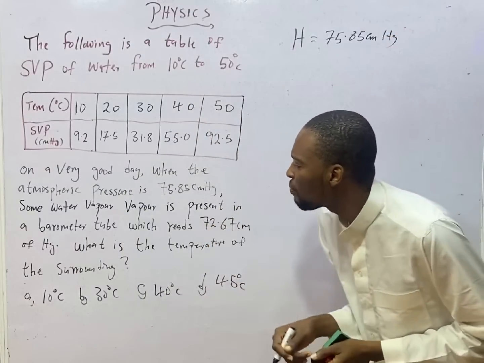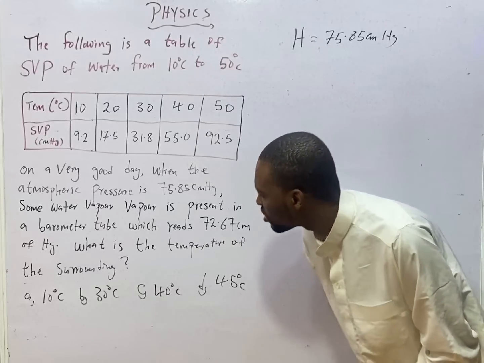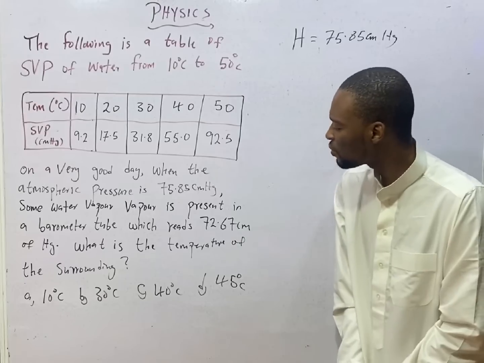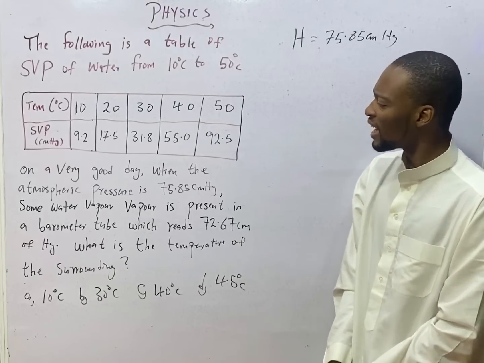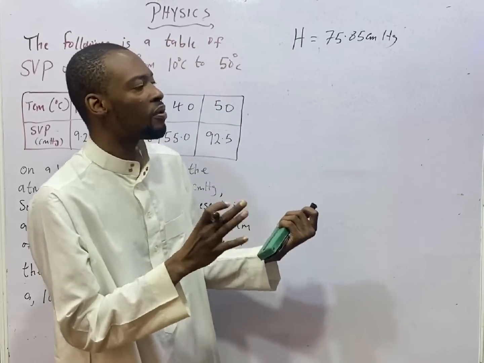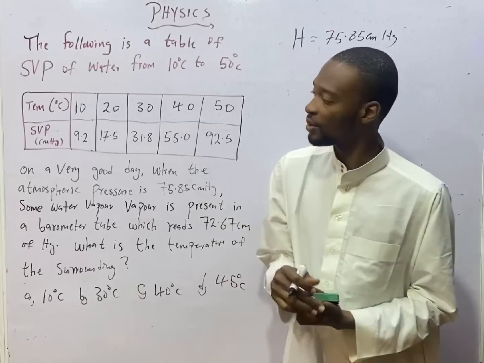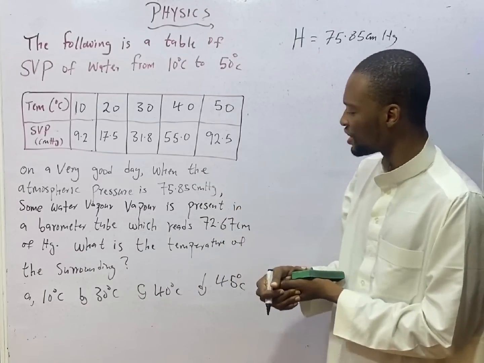Some water vapor is present in a barometer tube which reads 72.67 centimeter. The barometer is an instrument used to measure atmospheric pressure or saturated vapor pressure. You use the barometer to read it.